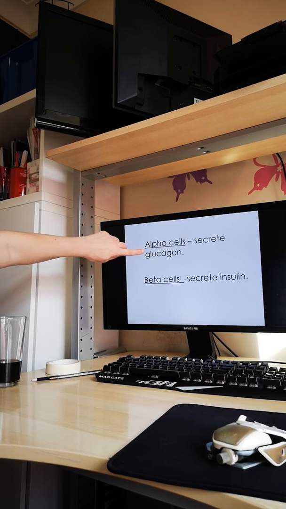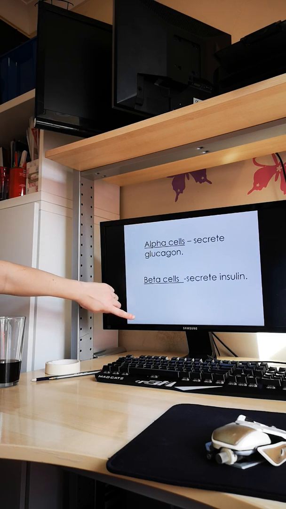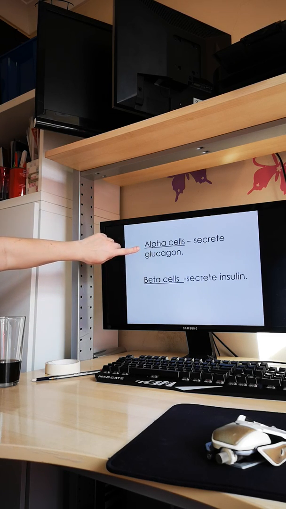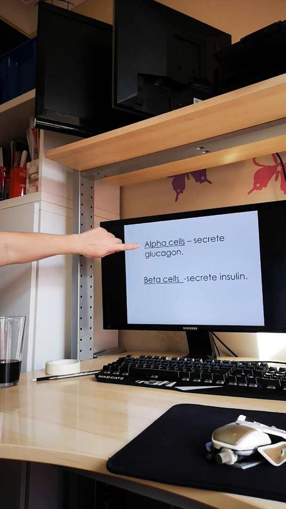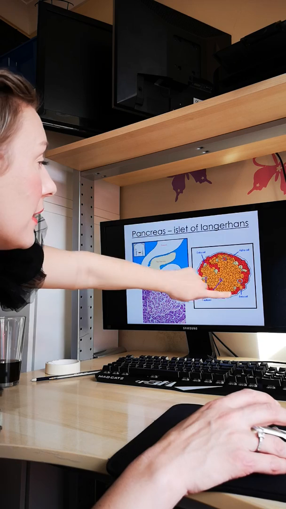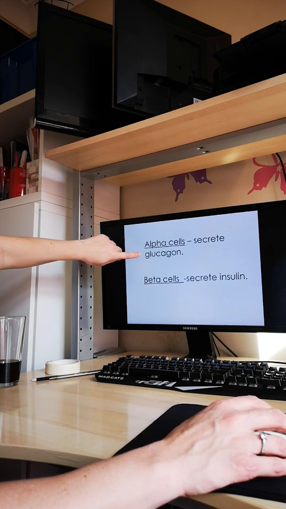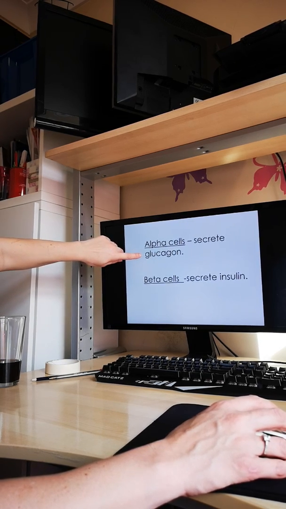Okay, so I'm hoping you've remembered that glucagon is secreted when your blood sugar drops. Say you've not eaten for a while and your blood sugar starts to drop. It's the alpha cells, which are around the outside of the islets of Langerhans, that secrete glucagon into your blood. That glucagon then travels in your blood, binds to receptors on target cells, and brings about an increase in blood glucose.